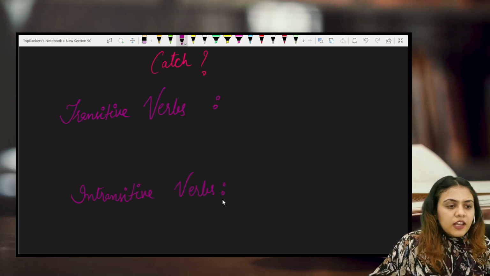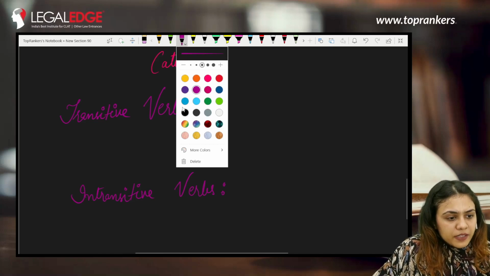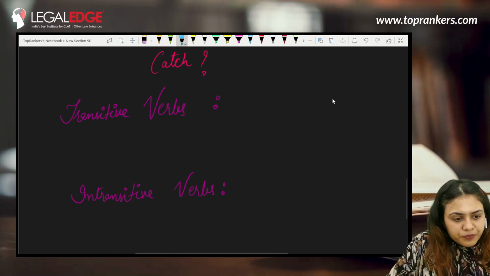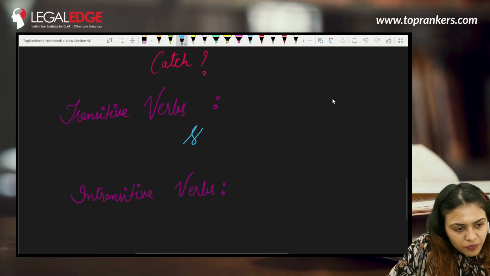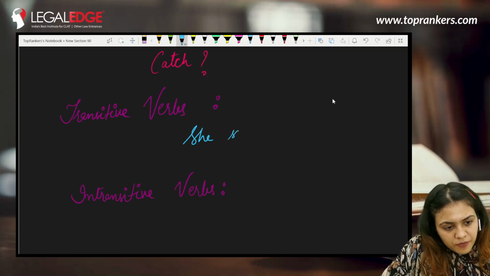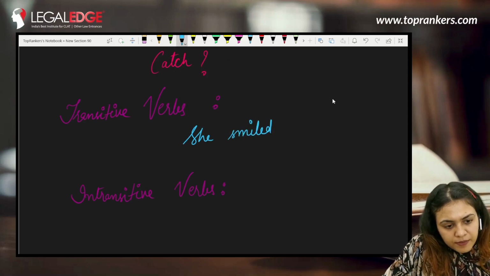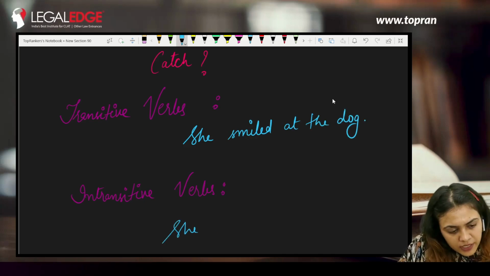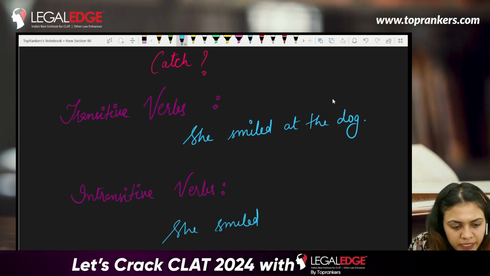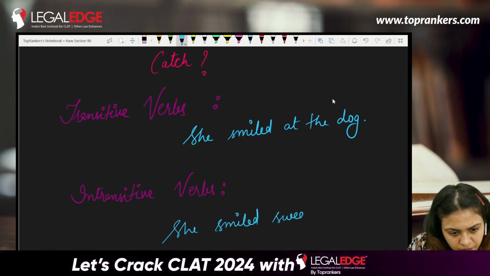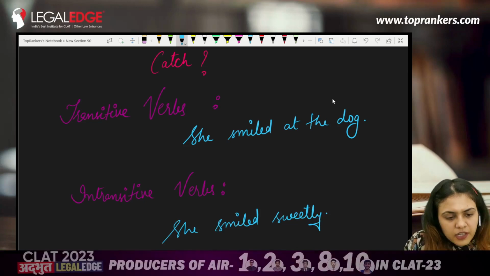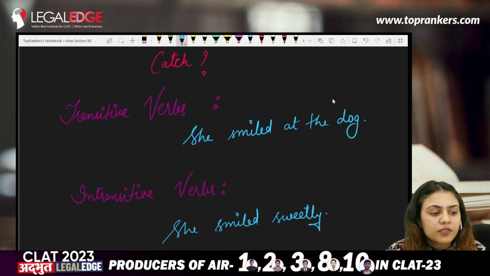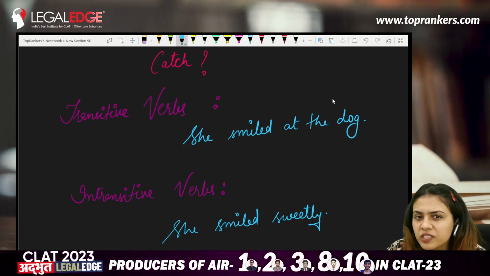Okay, so let's take two examples here. She smiled at the dog. She smiled sweetly. Now, in the first sentence, can you see who is she smiling at?